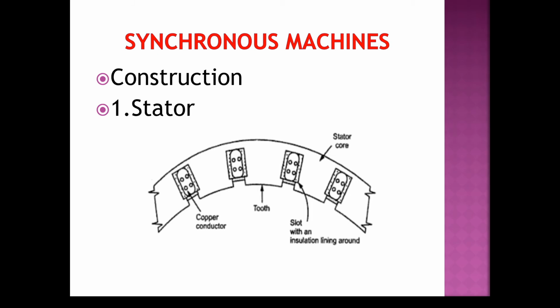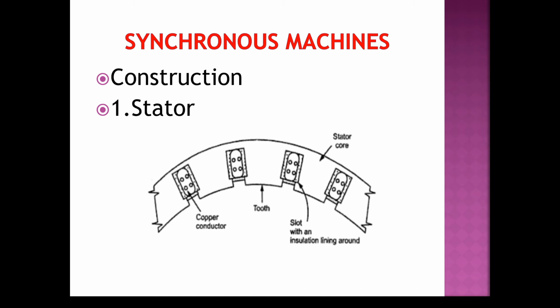And to reduce the hysteresis losses, we are using silicon steel material, to keep the hysteresis losses minimum. The entire core is fabricated in a frame made up of steel plates, and the core will have slots on the periphery for housing the armature conductors. Periphery means the outer part. So on the outer part, the core will have the slots.